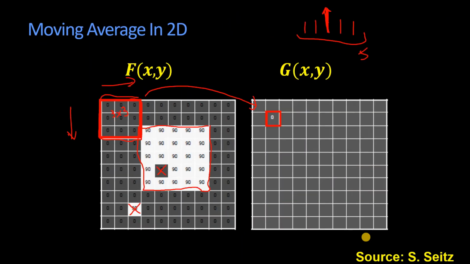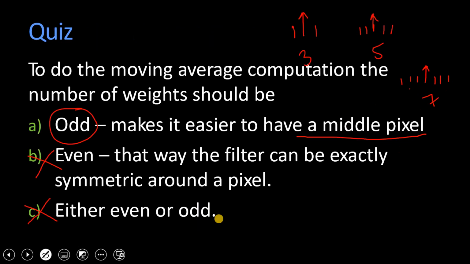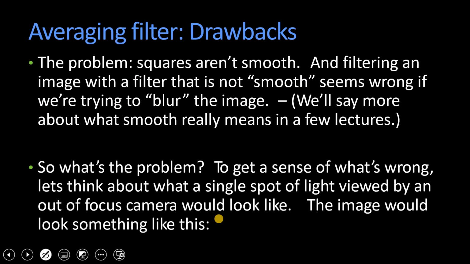Go back and remember the drawback of uniform averaging, moving average: it does not remove the noise completely. Same is over here for the image. The averaging filter is the same as uniform average. The drawback is that it does not remove the noise completely, and the squares that it produces are not so smooth.